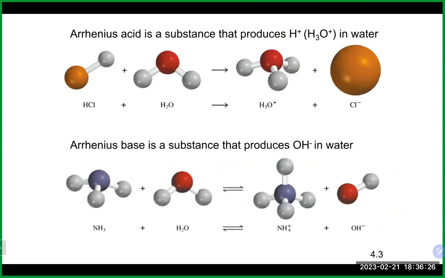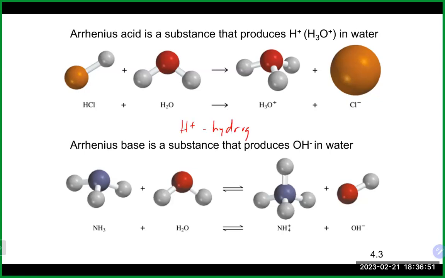All right. So as we talked about, really, the first definition of acids and bases came from Arrhenius. He did a lot of work with electrolytes, and he defined an acid as a substance that's able to produce H plus or H3O plus ions in water or solution. H plus is the hydrogen ion.